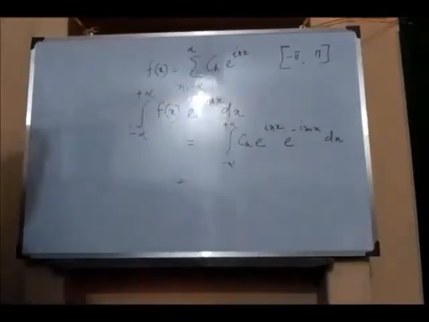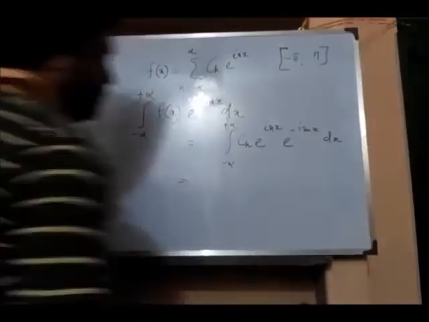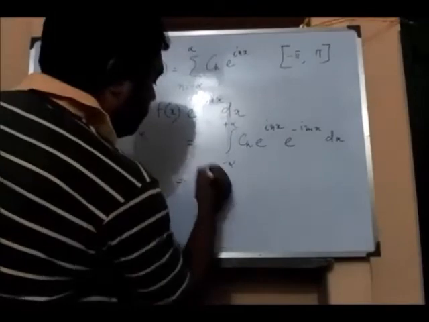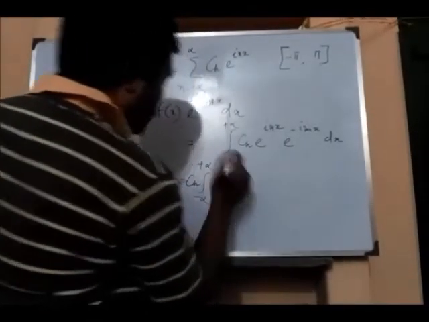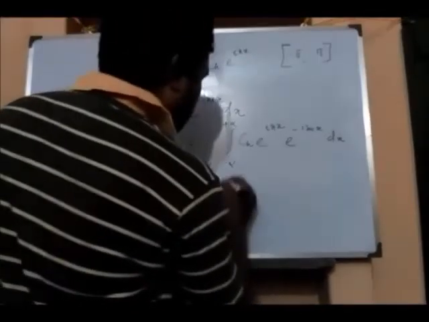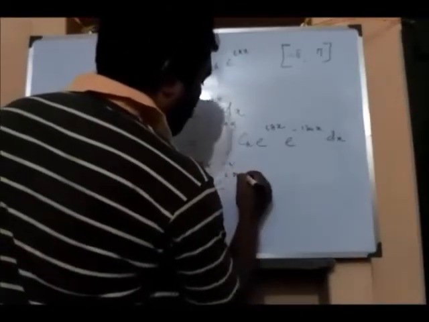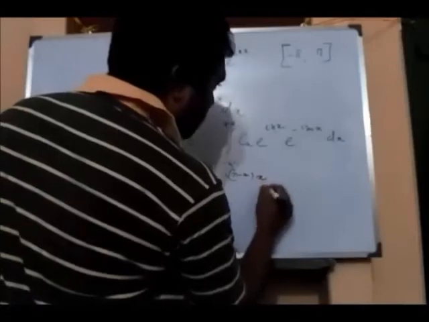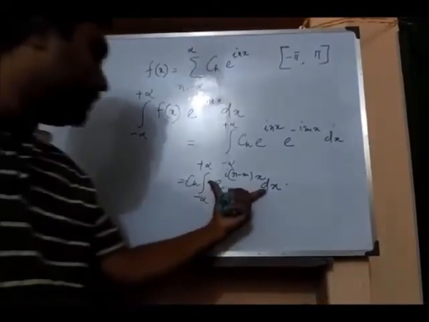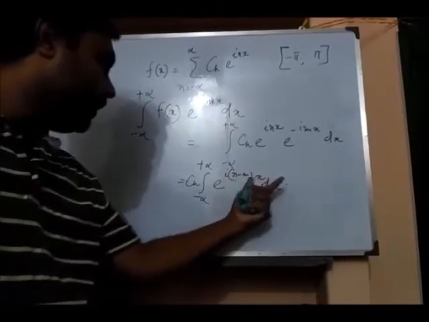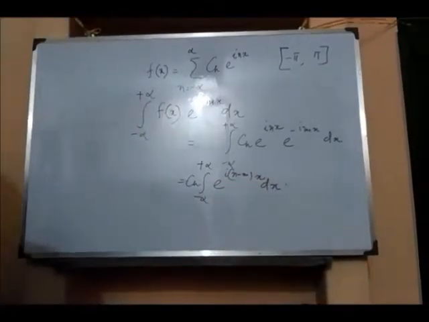If you remove this sum, what you will get is the integration from minus infinity to plus infinity. c n is a constant, so bring it out. So e to the power i (n minus m) x into dx. Now what is the value of this integral?